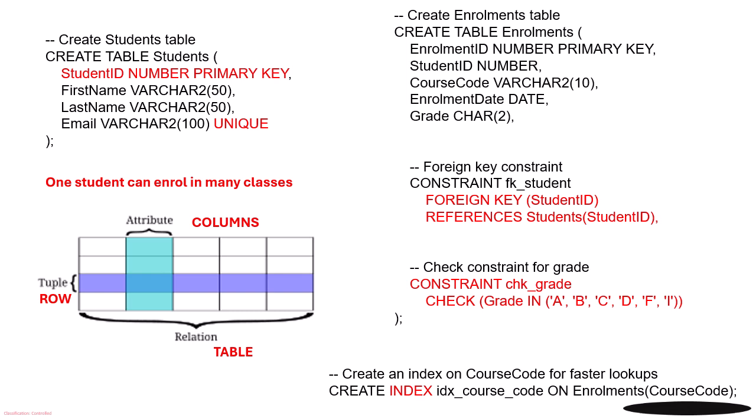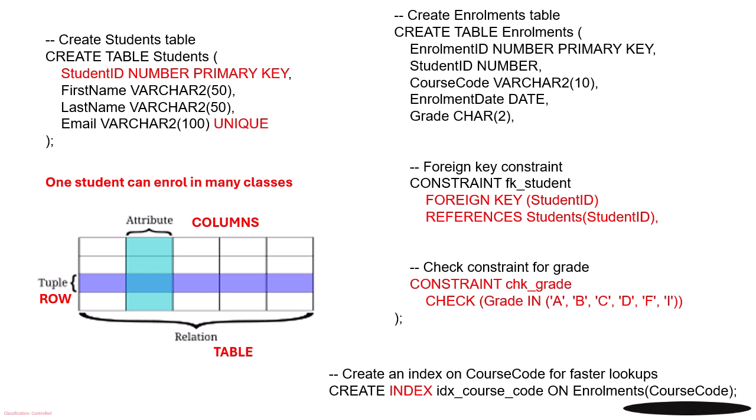What that means is that when you insert data into the enrollments table, it will reference the values in the students table student ID column. And if it is out of that range and not in those values, then it will throw an error. And for grades, you have a list of allowed grades. If you give some numerical grade there when you are inserting data, it will throw an error.